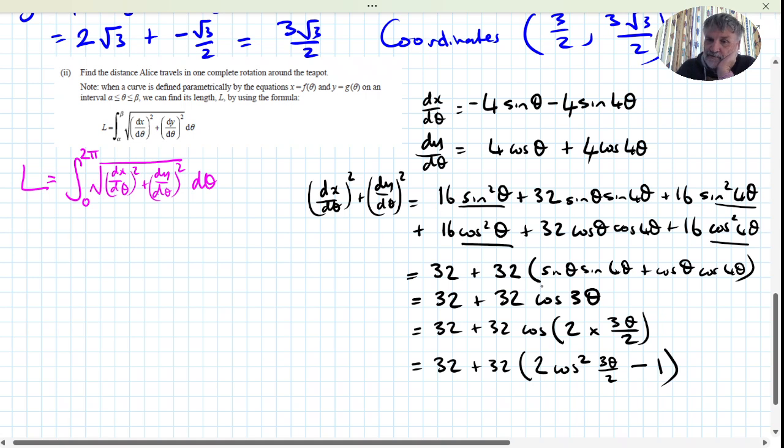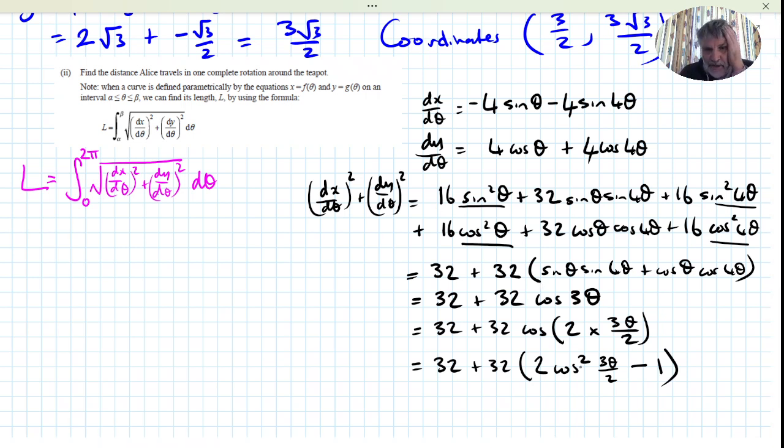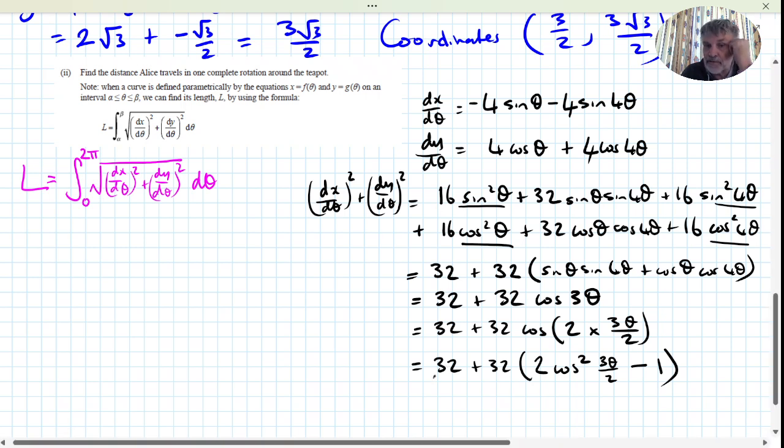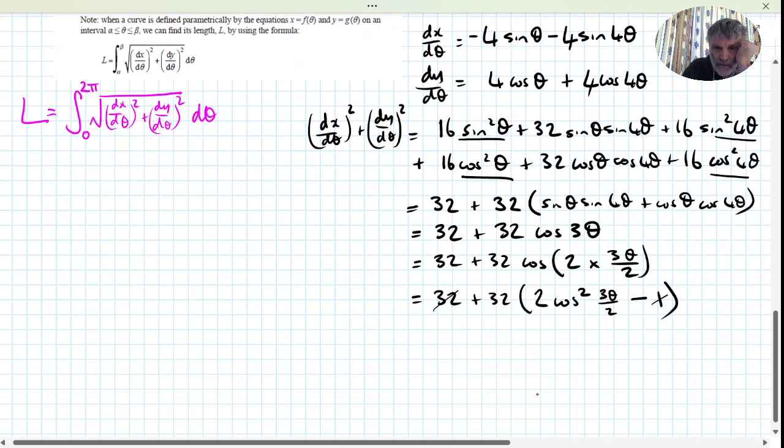And that little trick introduces a square, which will help us when we take a square root. And this minus 1 is very convenient because 32 times minus 1 is going to cancel exactly with the 32 here. So now we just have 32 times 2, which is 64. That's convenient as well, as it's a perfect square. Cosine squared of 3 theta over 2.